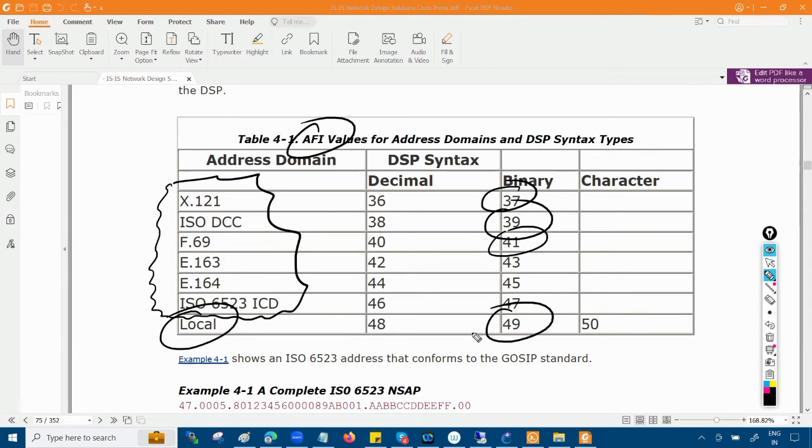You can use different values, such as 47 or 45, but what happens if other engineers come and have no idea what 47 or 45 is? Normally people are used to 49, so they may get confused. So it's a recommendation to have the same consistent value on every router.